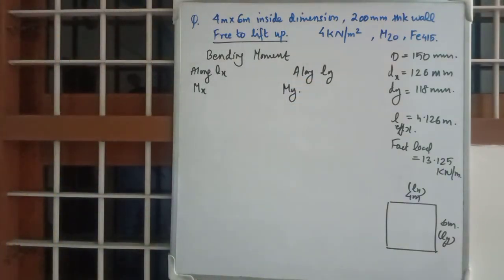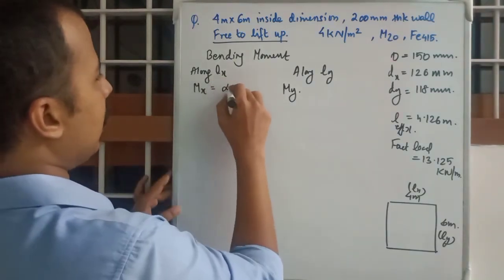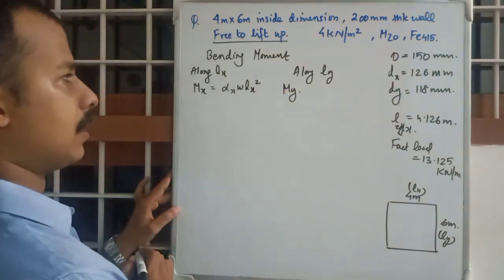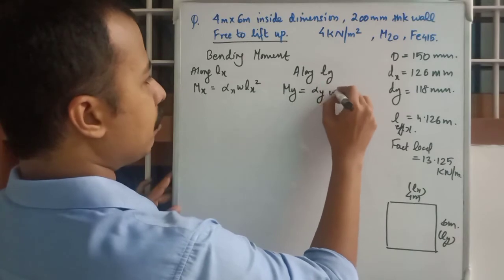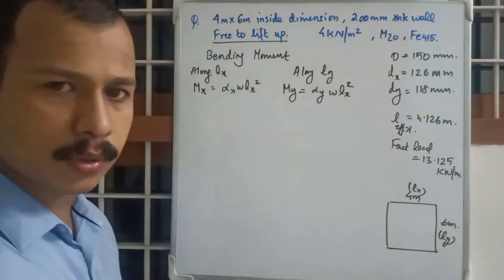Okay, so the equations are alpha x W Lx square and alpha y W Lx square. You can just refer to the IS code.